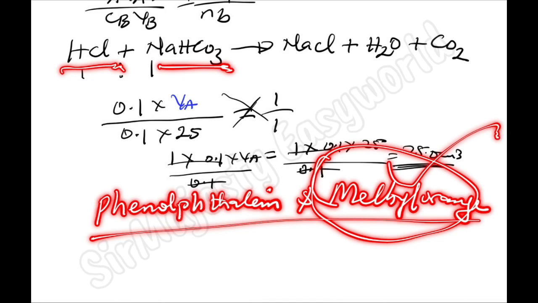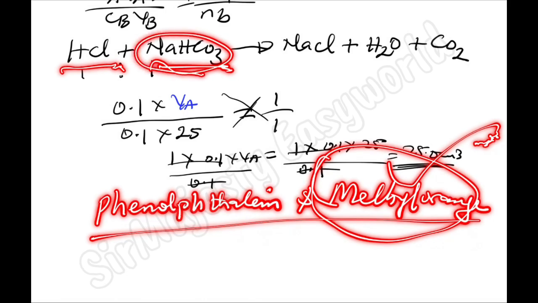So what is the reason? If I'm the examiner, I will provide these two in the teacher's instruction to confuse, but phenolphthalein will not be used in this type of titration. Reason, you can watch my video on the double indicator titration where the titration was between HCl and sodium carbonate, where they mixed the sodium carbonate and sodium hydrogen carbonate.